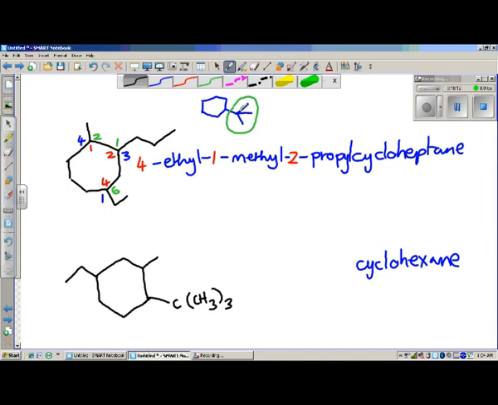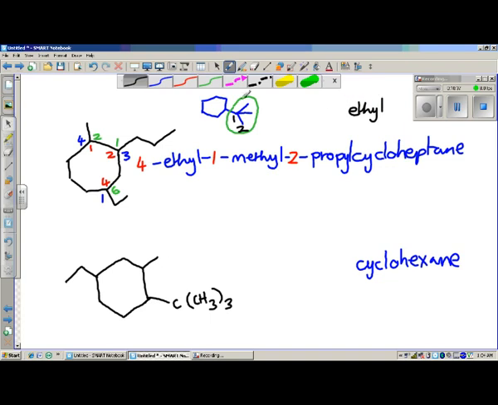The IUPAC way is we look at the length of our longest carbon chain in our substituent coming off the parent chain. And that longest carbon chain is 2 carbons. So this means we have a substituent with its own set of substituents. So 2 carbons means ethyl.